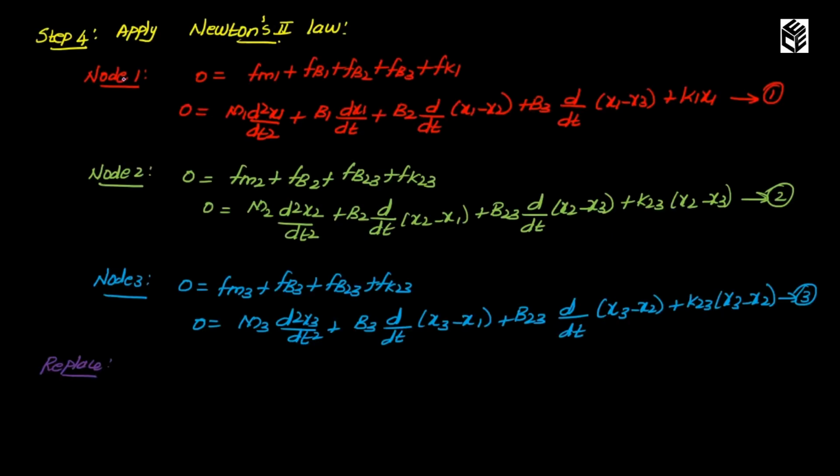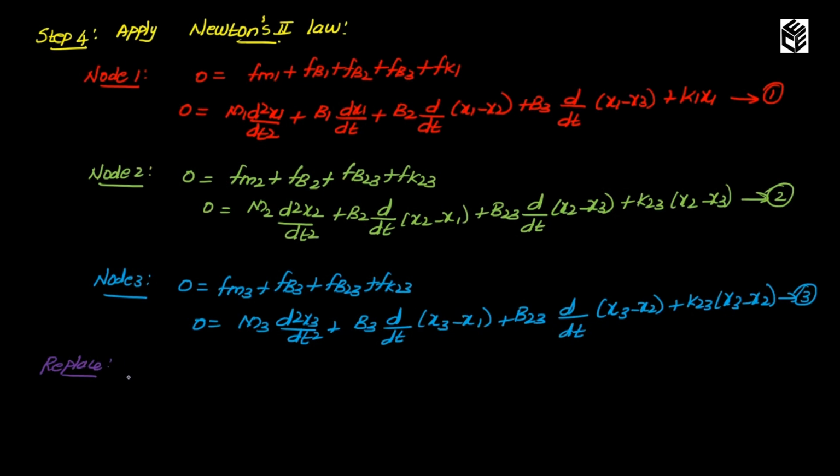Our fourth step is to apply Newton's second law. So to node 1, 2 and 3, I have applied Newton's second law, that is sum of applied forces is equal to sum of opposing forces. Since we don't have any applied force, we have written the applied force value as 0, and for each node we have added the opposing forces. I have taken the differential equation of first node as 1, the second node as 2 and the third node as 3.